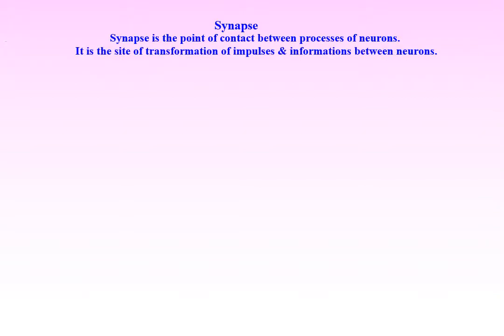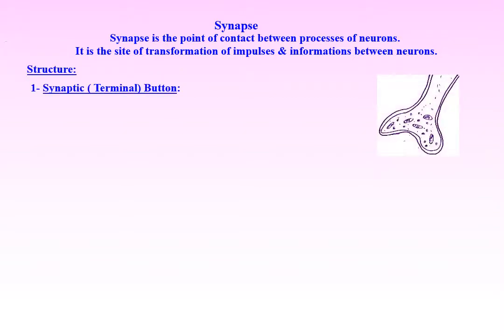Synapse is the point of contact between the processes of the neurons, and is the site of transmission of impulses and information between neurons. Structure: synaptic or terminal pattern.